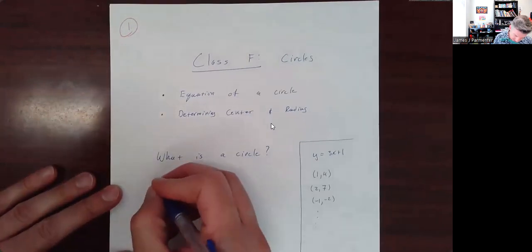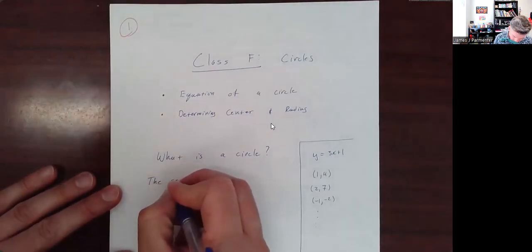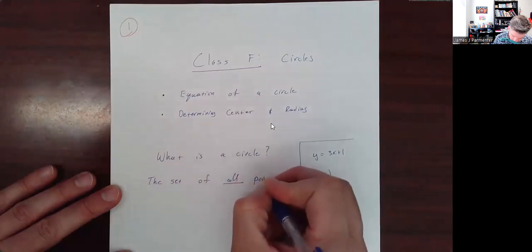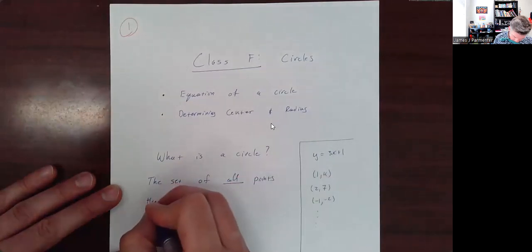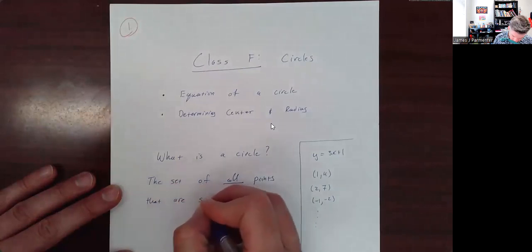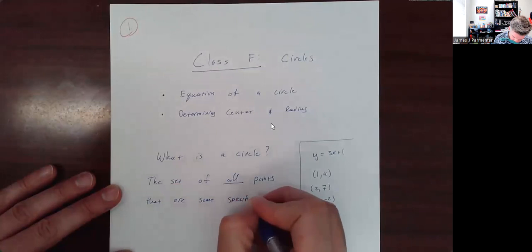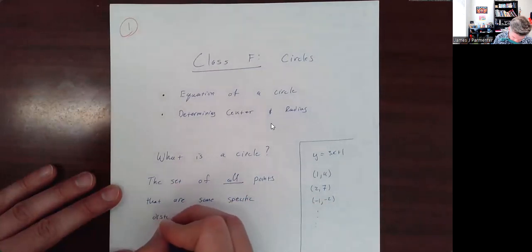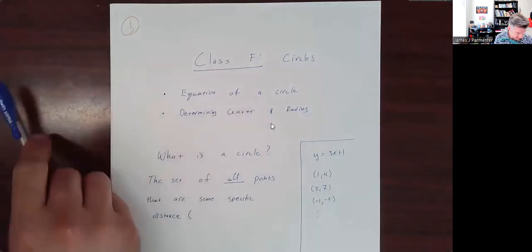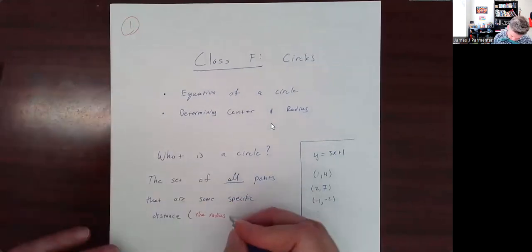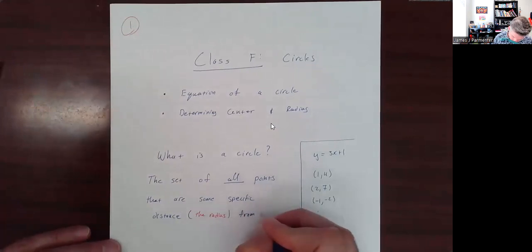So it's the set of all points that are some specific distance, which we call the radius, from the center.